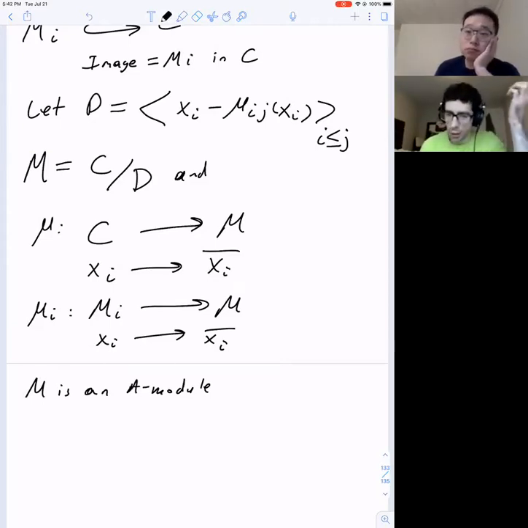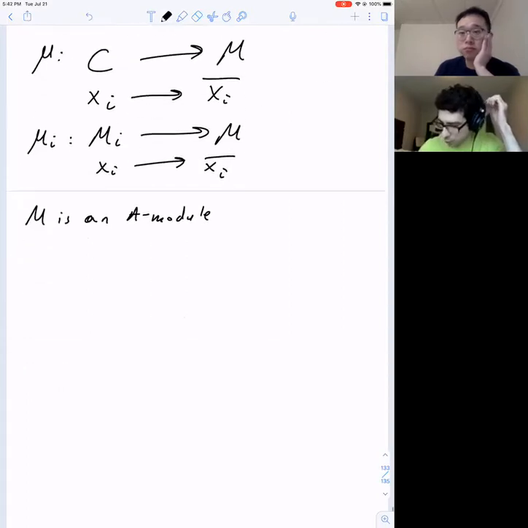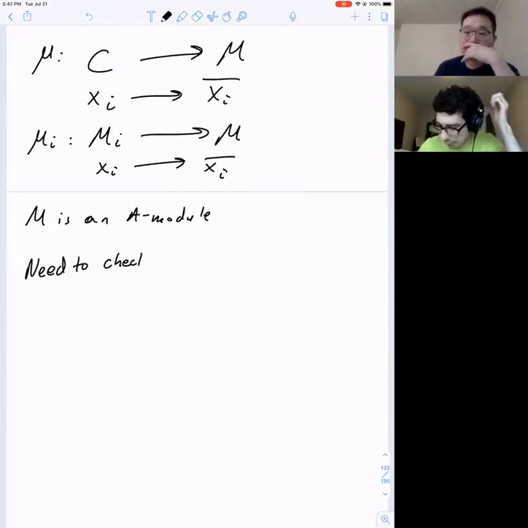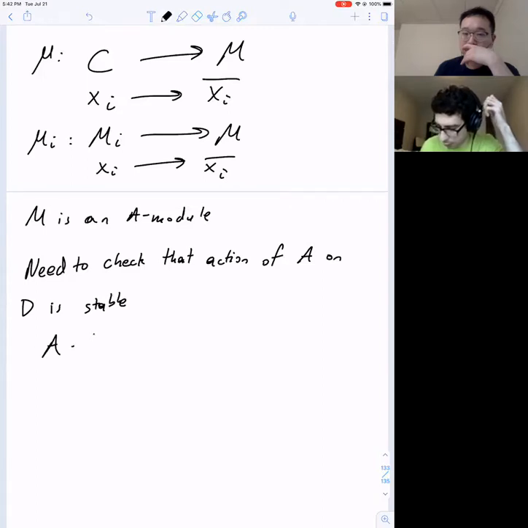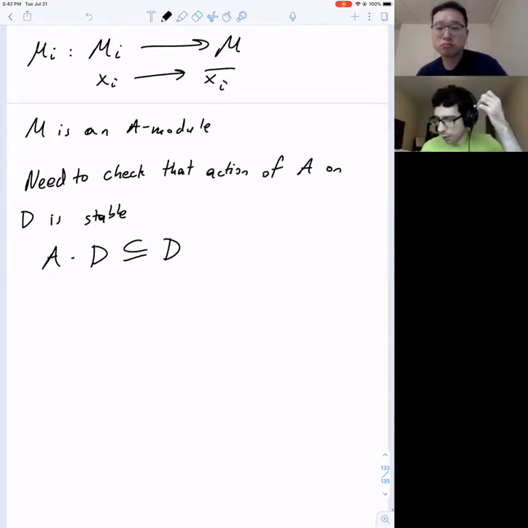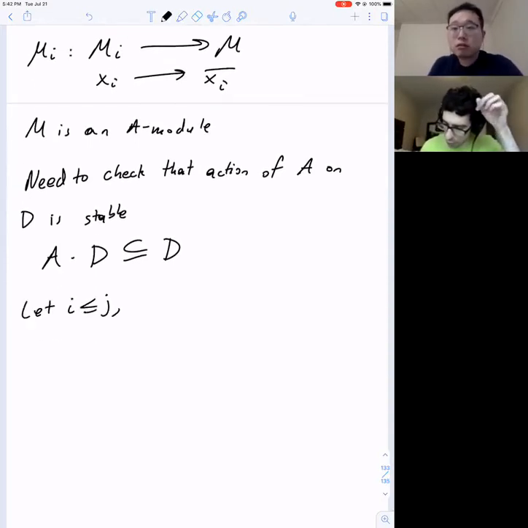The only issue is we need to check that the action of A on D is stable, meaning A times D has to live in D. And the way to do that is simple. Let i be less than or equal to j.